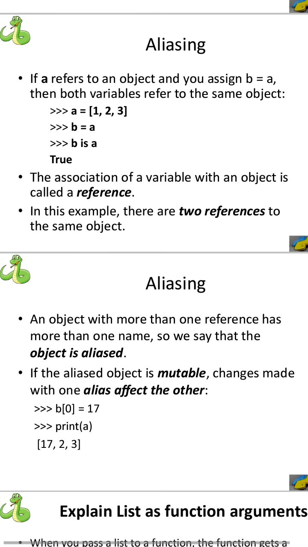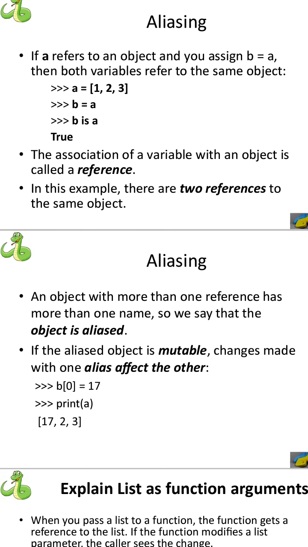In our example below, if I say A is of type list with elements 1, 2, 3, and I say B equal to A, and when I check with the is operator, if it returns true, then we will say that both A and B refer to the same list, that is 1, 2, 3.